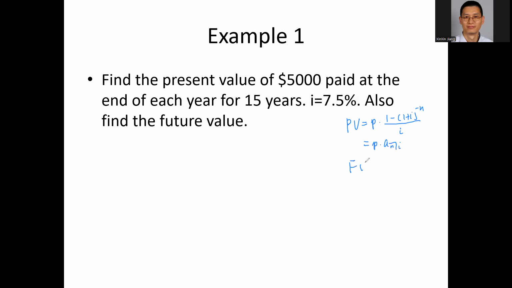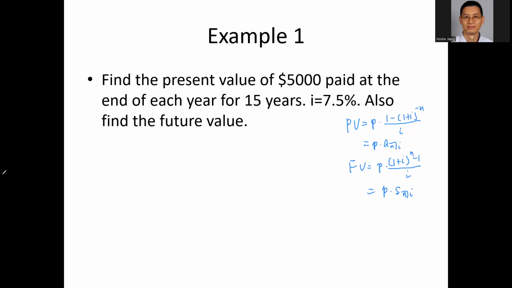And the future value is P times (1 plus i) to the n minus 1 over i, that's P times S sub n angle i. By the way, these notations you should be very familiar with and use them freely.